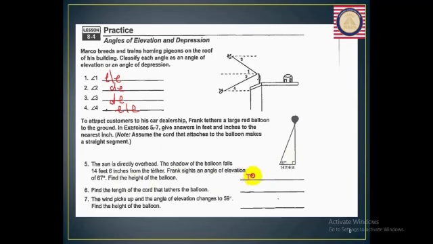Tan 67 equals the height, which is the opposite, over the adjacent.